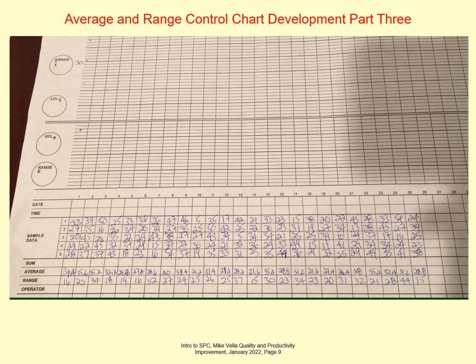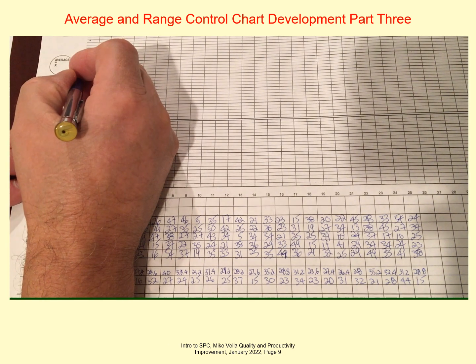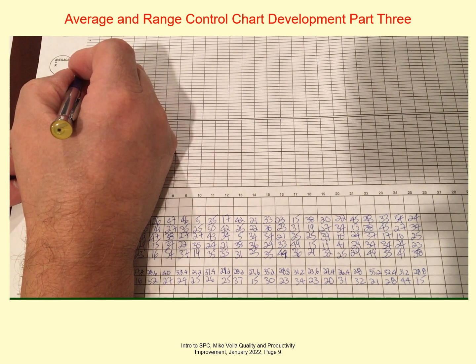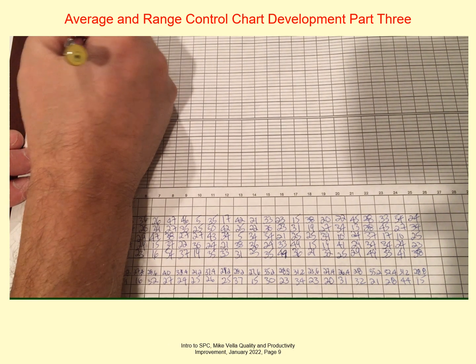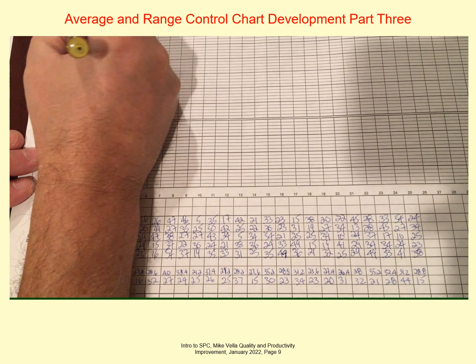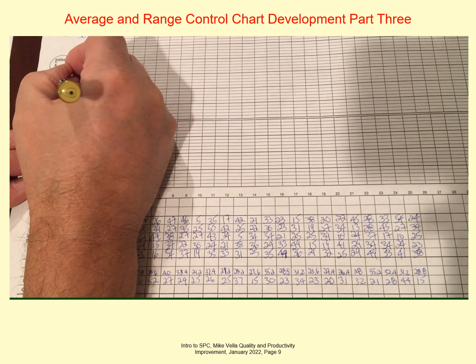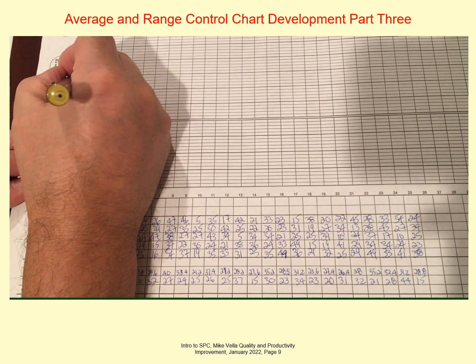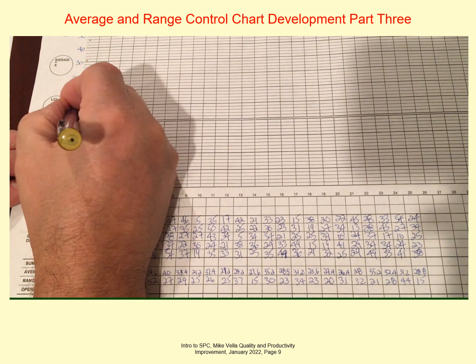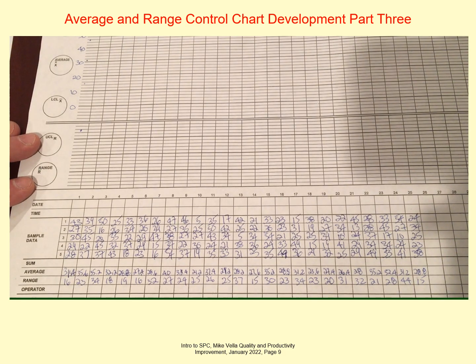And so in this case, I'm going to scale the average chart in units of 10: 30, 40, 50, 60, 20, 10, and 0. It doesn't work out exactly that easy on the range chart.